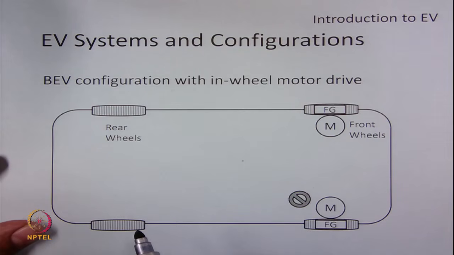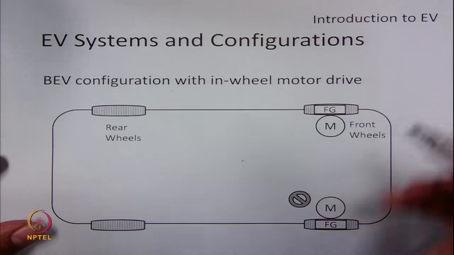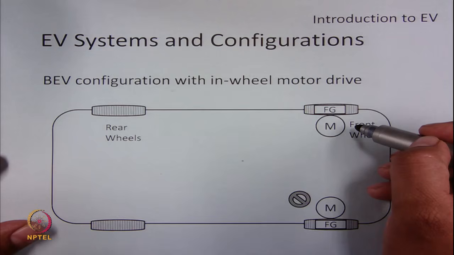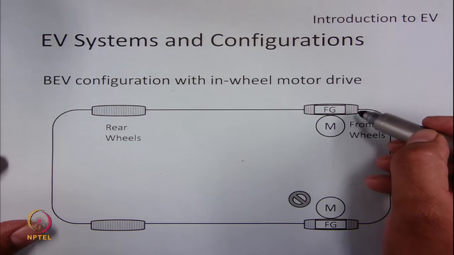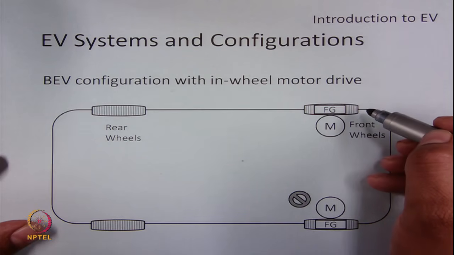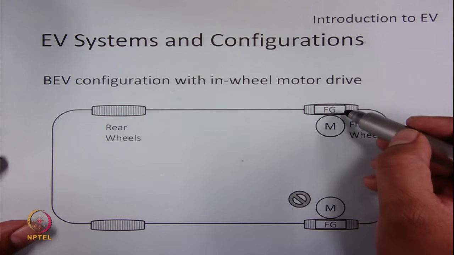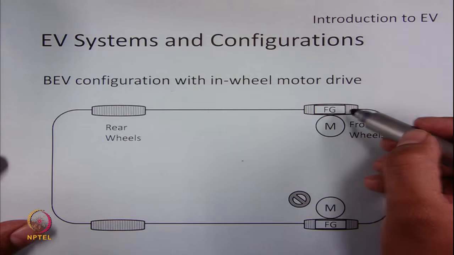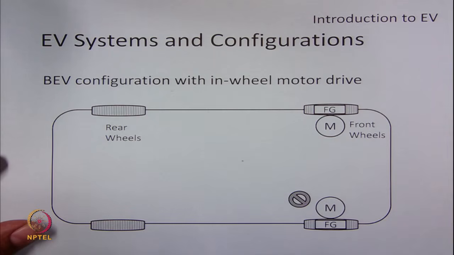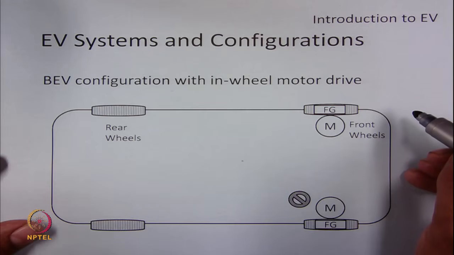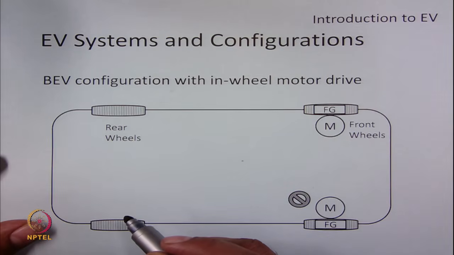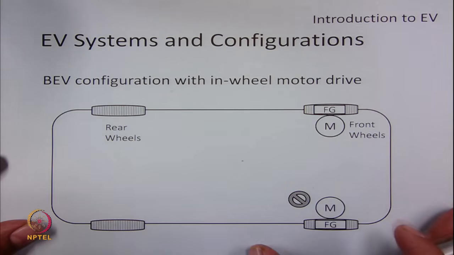This configuration requires a gearing system because motors are generally high speed devices, while the wheel requirement is low speed. So, a fixed gear is required, but this is a complex system known as a planetary gear system. This is also an important development in the EV configuration, where this type of EVs were developed.